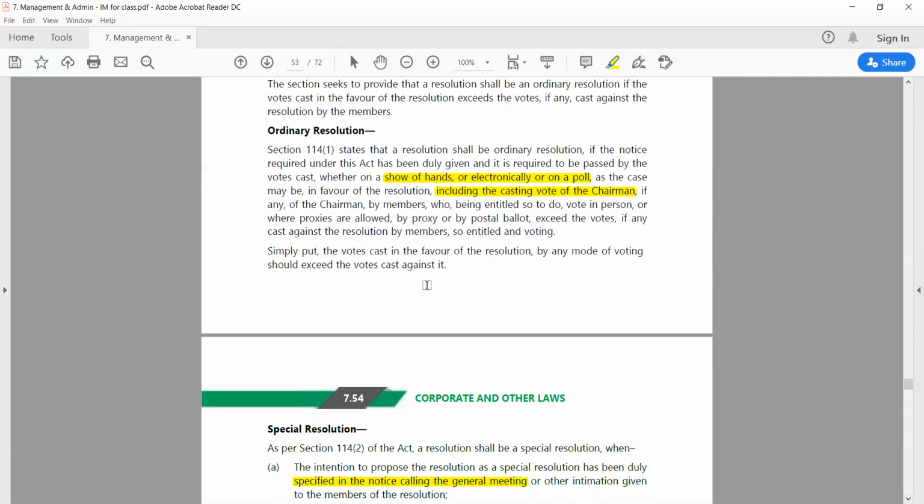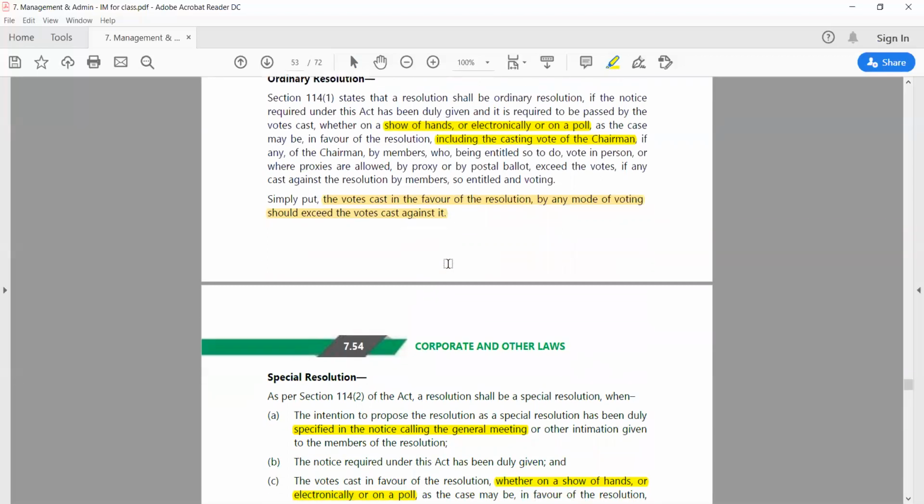So in simple words, the votes cast in favor of the resolution by any mode of voting should exceed the votes cast against it. It can be poll, show of hands, electronic means, postal ballot, whatever it is, they will ensure that it should be more than that. If it is there, then it is a simple majority.